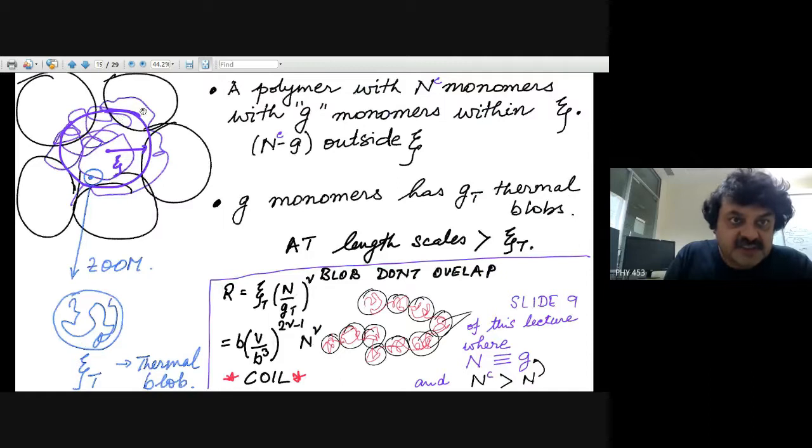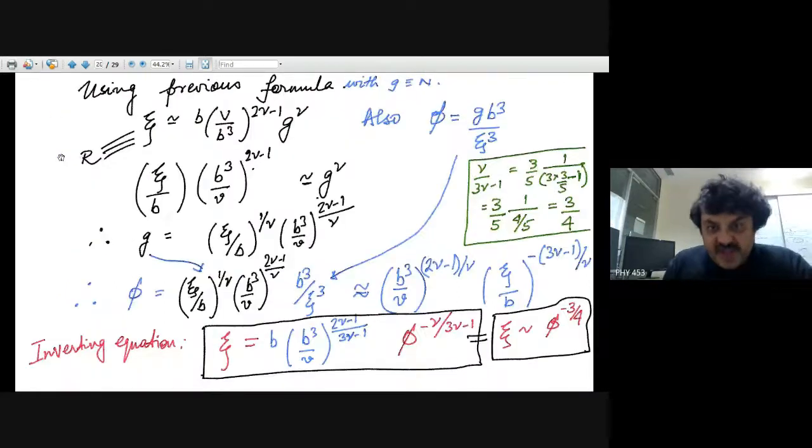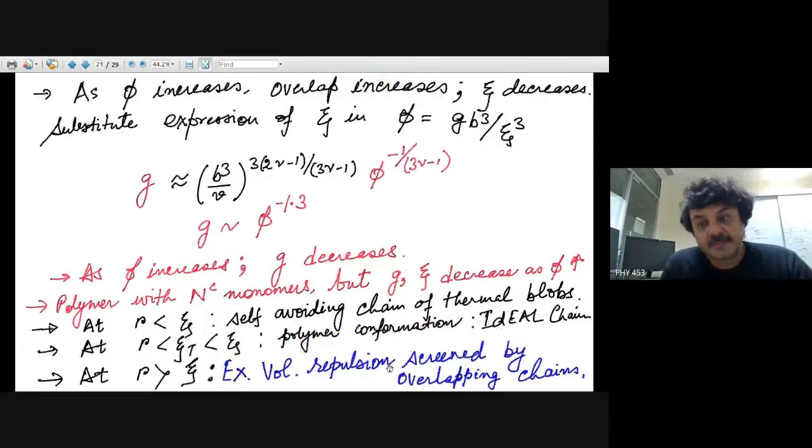So these monomers are also being pushed back by monomers of other chains surrounding this blue polymer, and excluded volume repulsion is screened by the overlapping chains. So this is the key idea. So above the correlation blob length scale, the monomer conformation statistics again becomes ideal as excluded volume repulsion is screened.